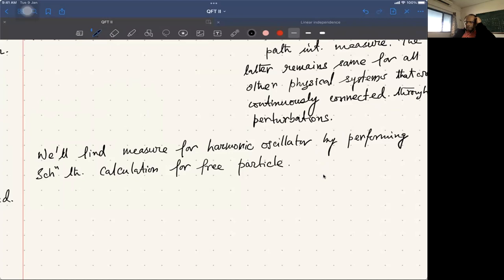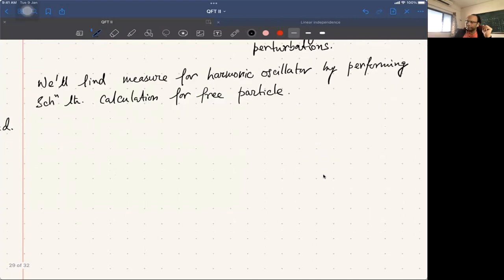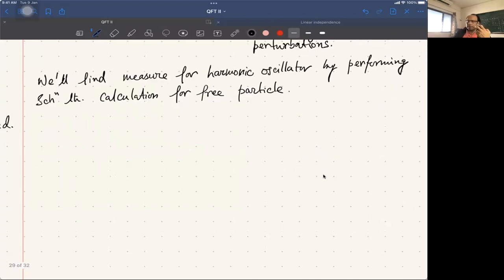Because the harmonic oscillator is connected to the free particle through perturbative corrections, because the harmonic oscillator potential can be continuously tuned and sent to zero, and then it becomes a free particle. So if we can calculate the measure for the free particle, we get the measure for the harmonic oscillator. That's the exercise we will do.